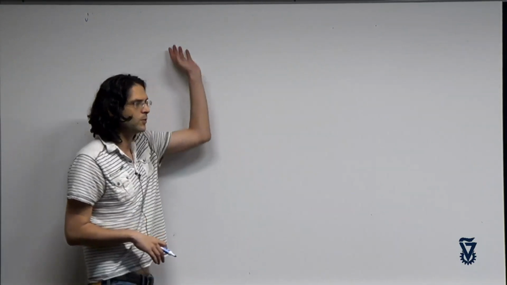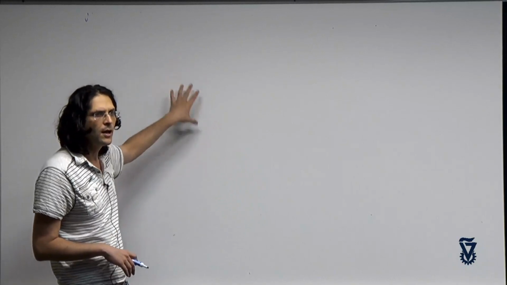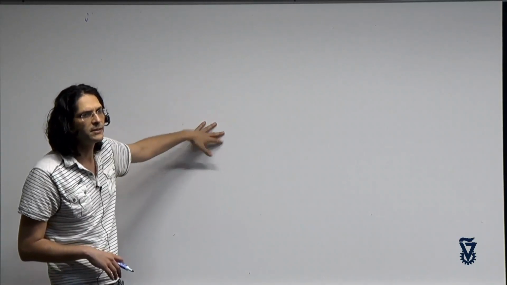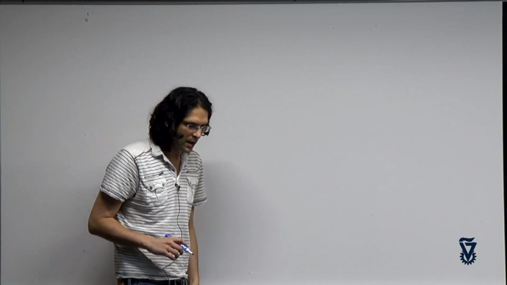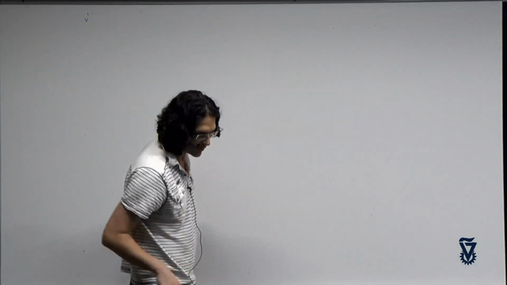So I'll just recap again. In the course, we're going to start with some intro to quantum information and quantum optics. That will build up the basis to talk about the quantum technologies themselves.